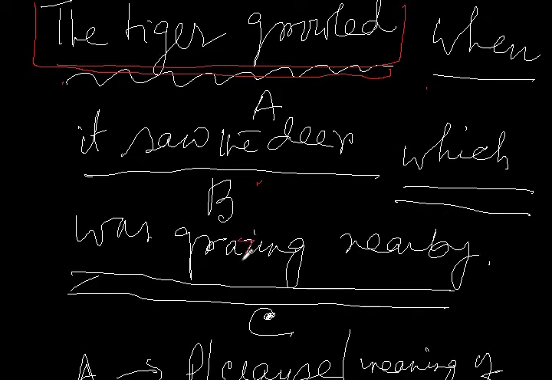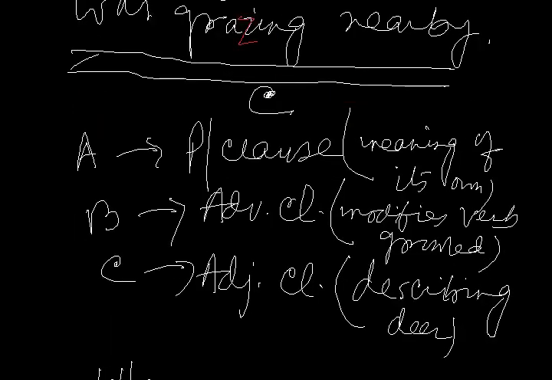Which here refers to the deer, a noun. Hence it's an adjective clause. So part A is a principal clause, because it has a meaning of its own and does not depend on any part of the sentence. Part B is an adverbial clause modifying the verb growled, and part C is an adjective clause describing the deer.